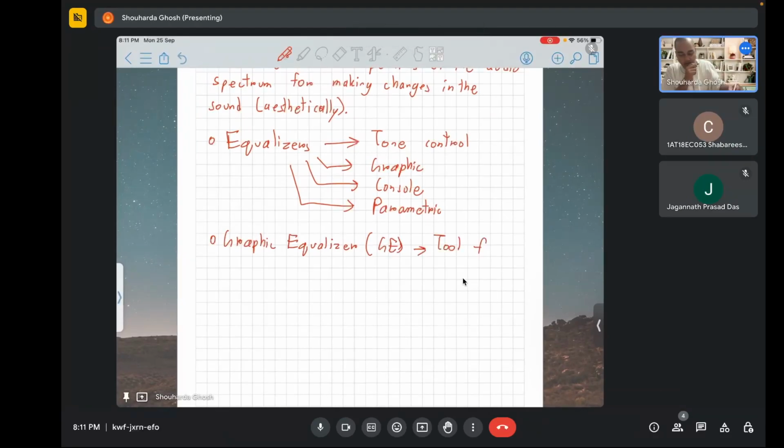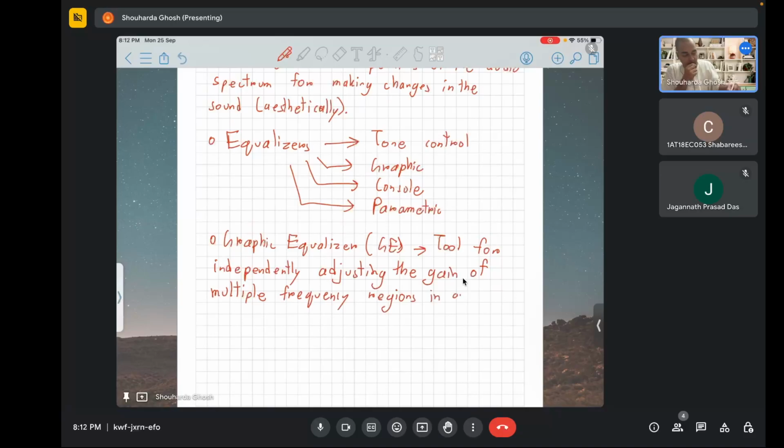It is a tool for independently adjusting the gain of multiple frequency regions in an audio signal.